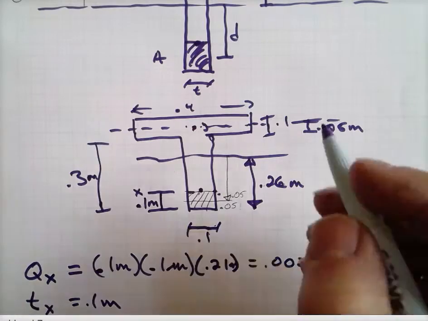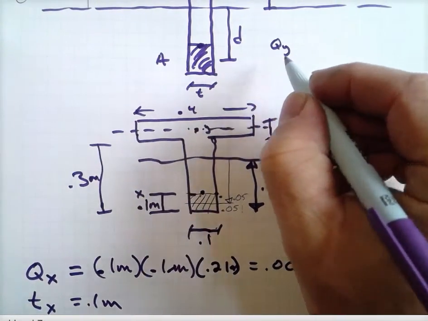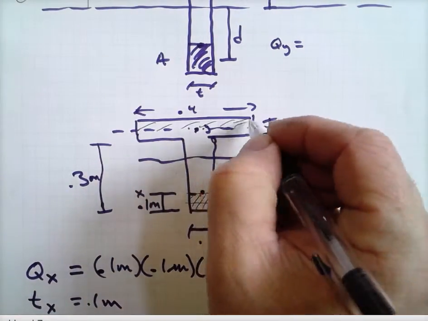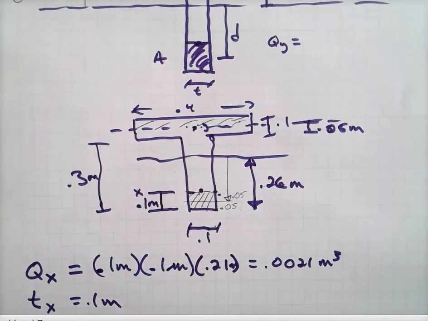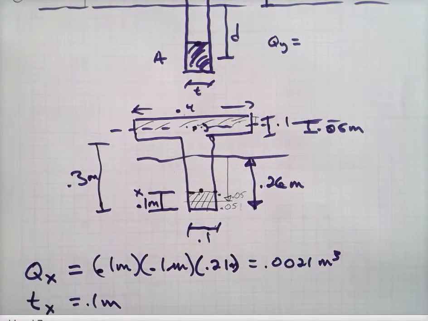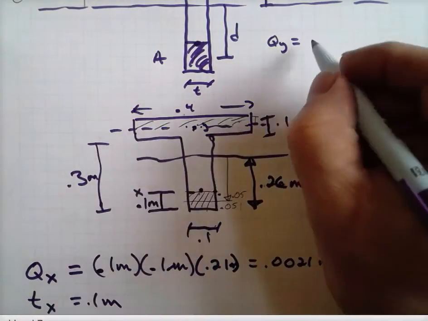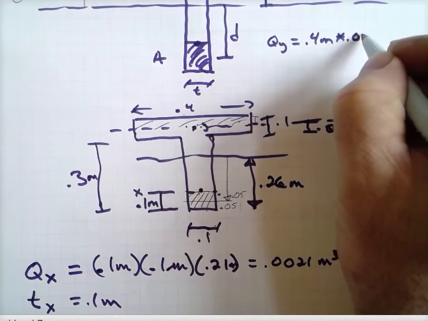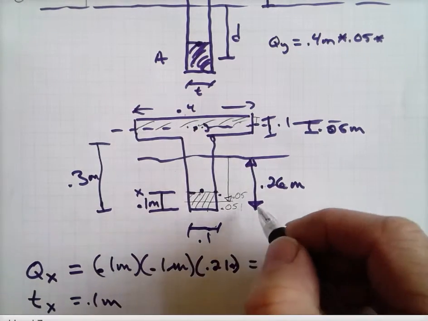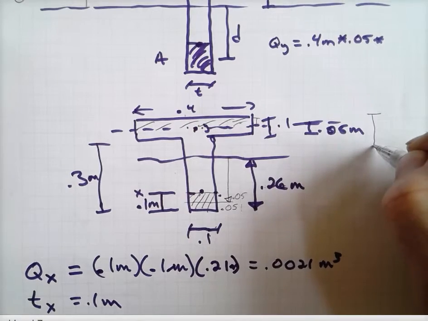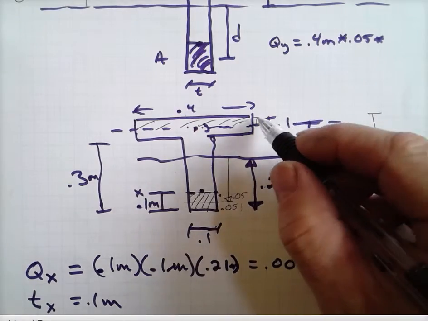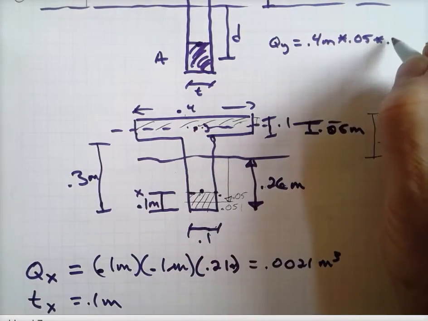And you need to find QY and TY. QY would be the area from point Y to the outer fiber times the distance to the centroid. Well, the area, the height here is 0.05. The base is 0.4. So we have 0.4 times 0.05 times, now we need a distance. If this is 0.26, then this is going to be 0.14. 0.14 minus 0.05 is 0.09.